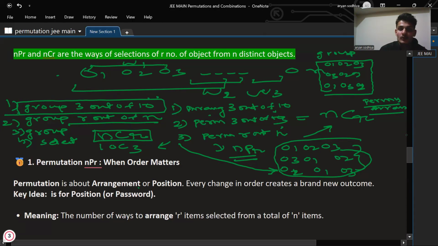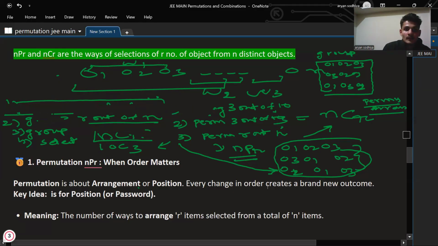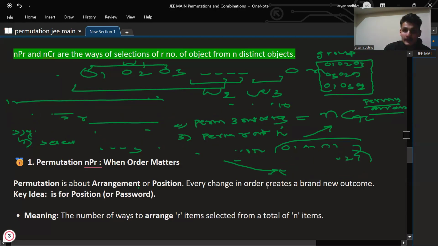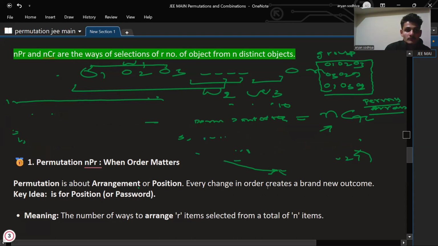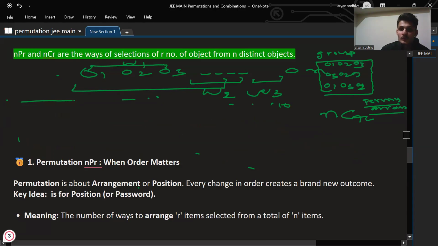We will see that in the formula. I hope you got this point that nPr is greater because order matters there. Basically, both are used to find the counts of groups.